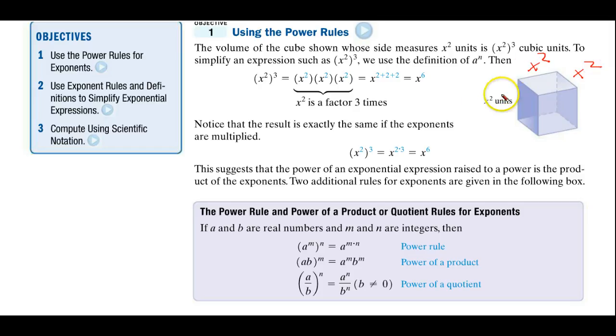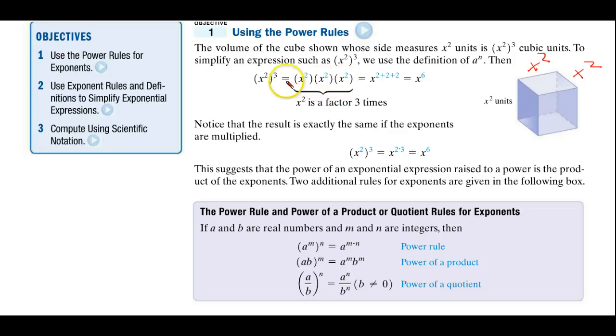So you would have length times width times height, so you would have x squared raised to the third power. Now if you wrote it out this way, you would just add these up and you would get 6. But is there a way to do it just from there without having to expand it?